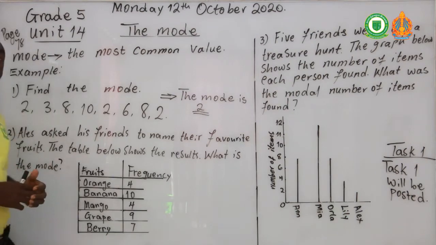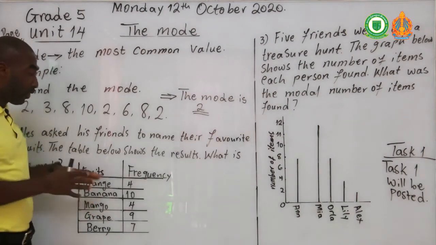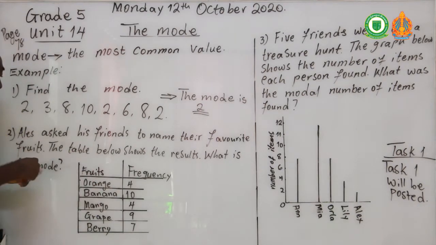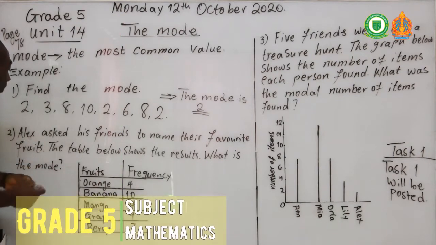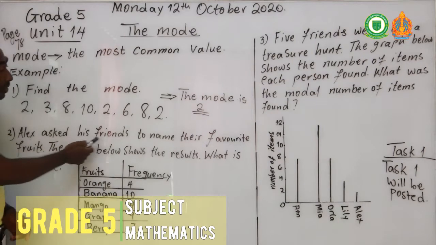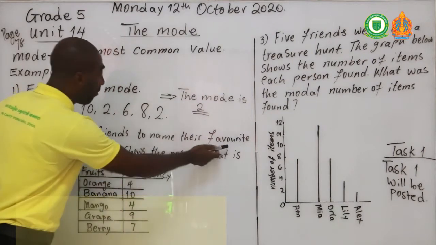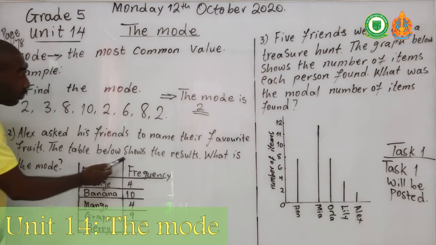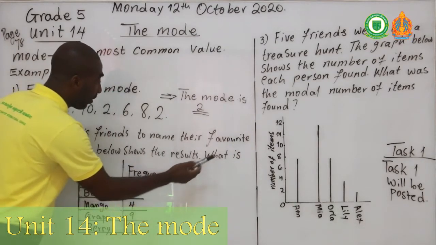This is where I want you to pay much attention, because we are coming to talk about a table. So this is Alex. He's a boy. Alex asked his friends to name their favorite fruits. The table below shows the results.